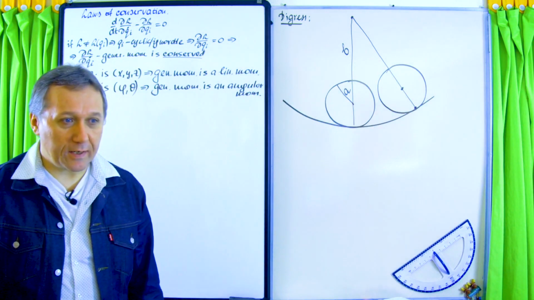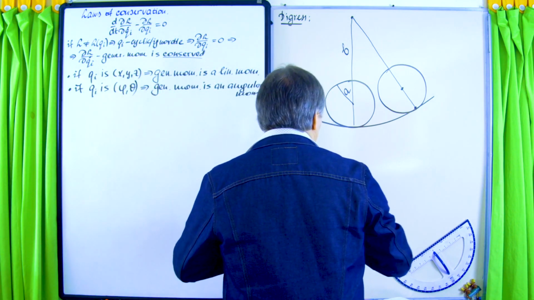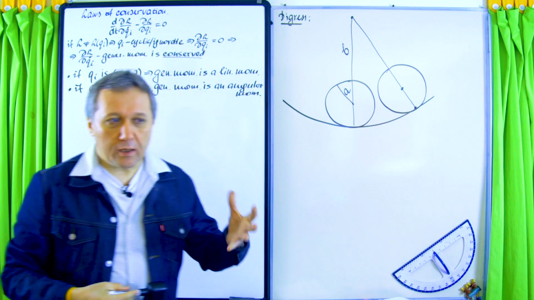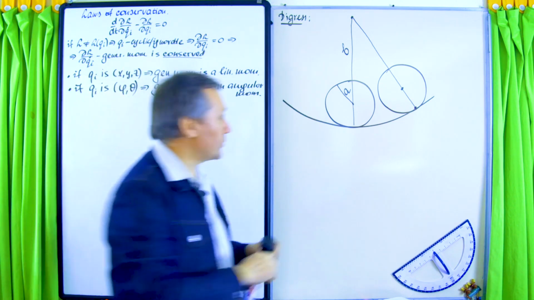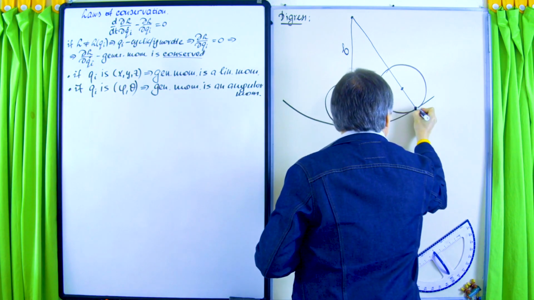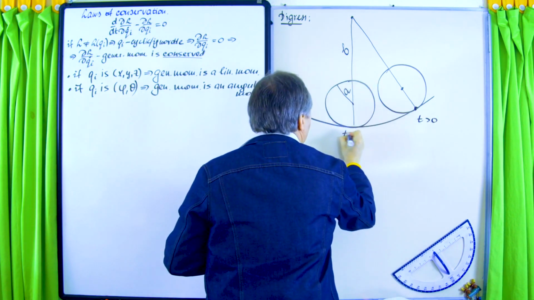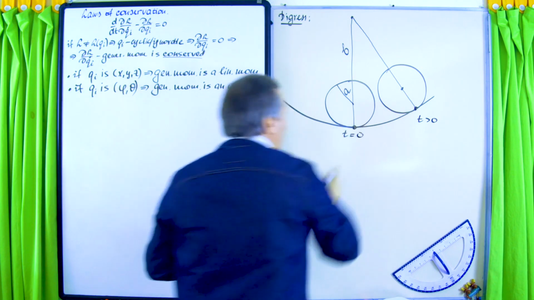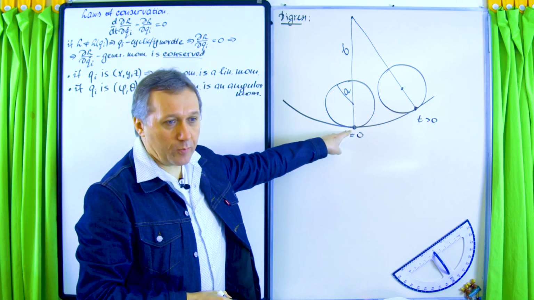Okay, so I displaced it. Before I start even talking about kinetic energy, let me show the no slipping condition on the diagram. Right now the point of contact is here. Let's say this is the moment of time t larger than 0, and this is the moment of time t equals 0. At t equals 0, this was our point of contact.